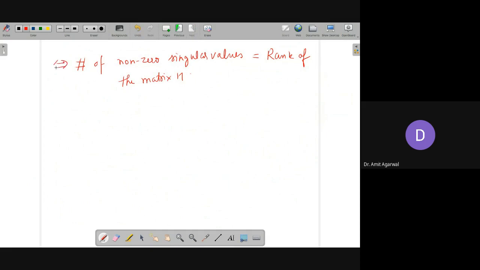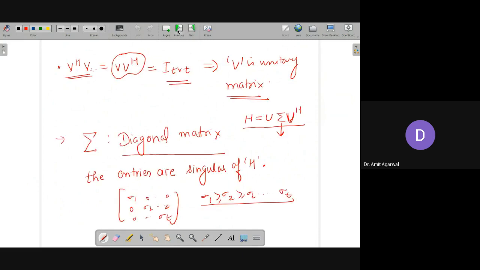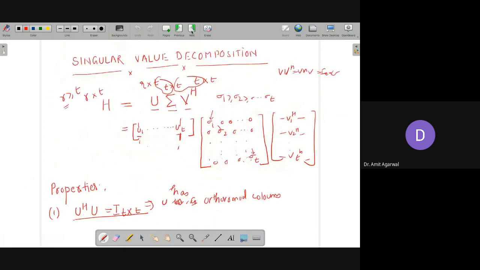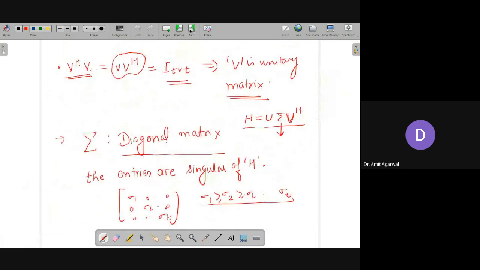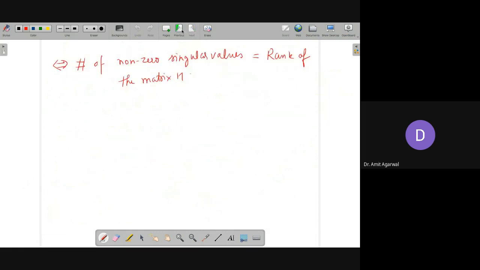So how to evaluate singular values? Generally, I assume that you know, but I will take an example of orthogonal matrices where it is easier to evaluate singular values. Otherwise, singular values are, do you know eigenvalues? Anybody?